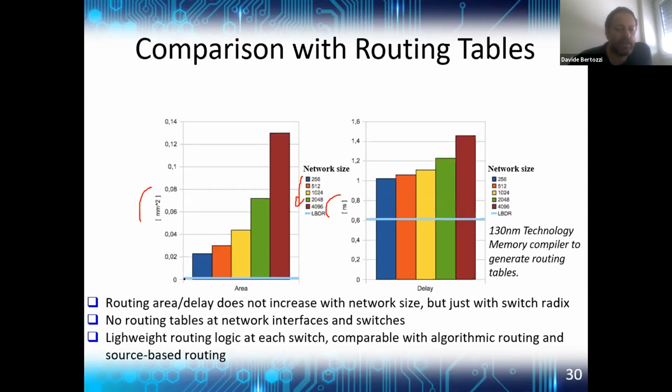You can see that the horizontal line is the LBDR overhead. As you can see, the overhead of LBDR in terms of area and access delay does not depend on network size because it works in quadrants. Therefore, this is a very scalable solution with respect to the routing tables, which instead have a huge overhead as you increase the network size.